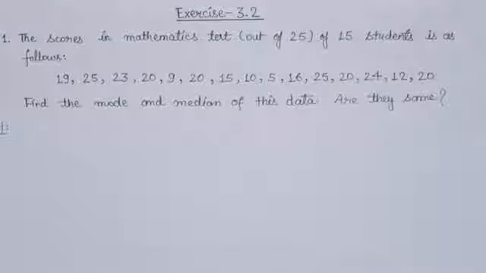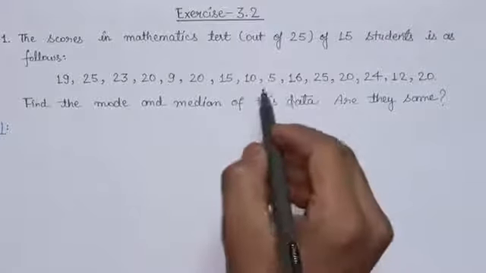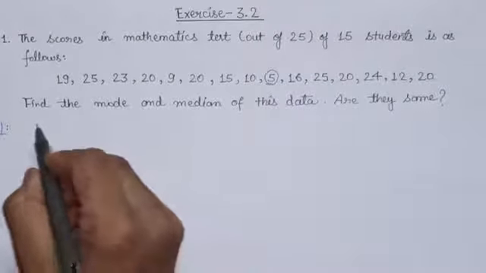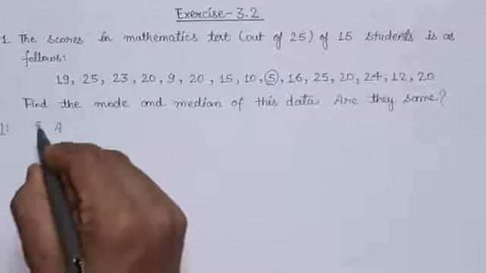So first, let us arrange these observations in ascending order, which will help us in finding the median and also the mode. Here you can see first comes 5, because 5 is the smallest term.